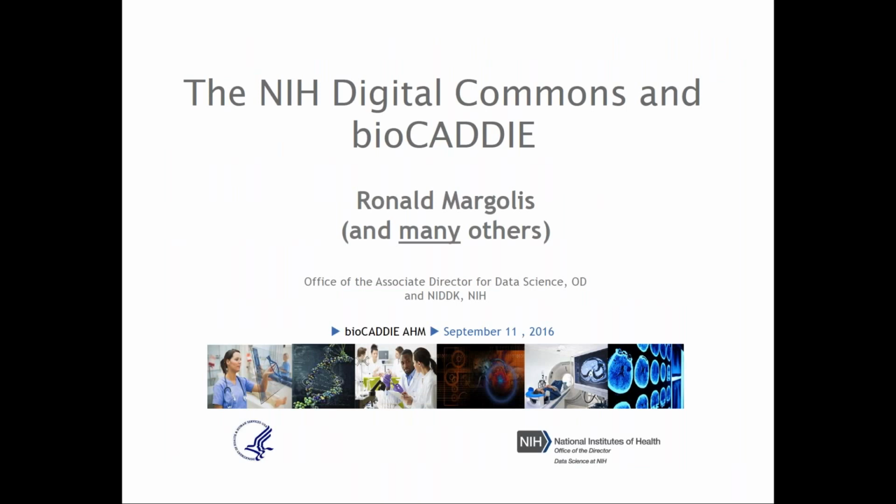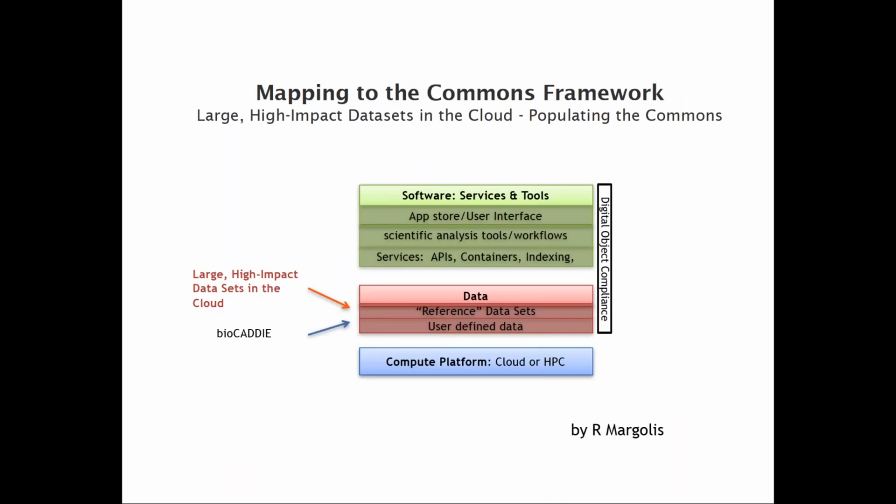This is a slide from Ron Margolis that he presented at our all-hands meeting that happened just a few weeks ago. And he had the task to show the bioCADDIE team where we fit into the digital data commons for NIH.